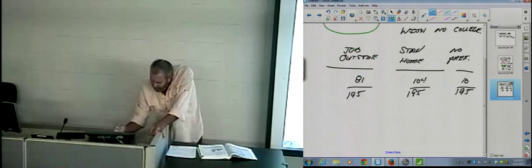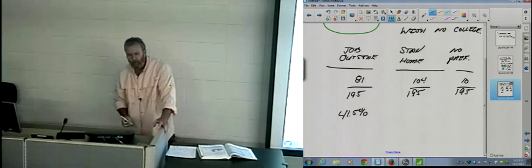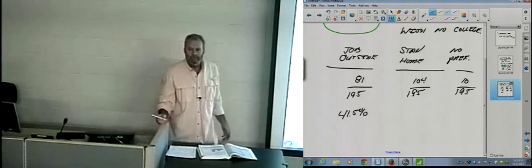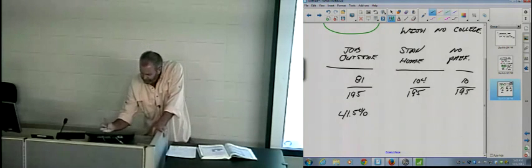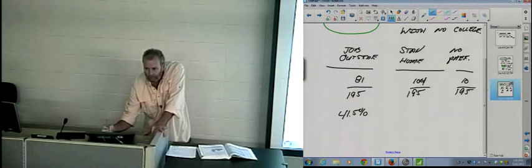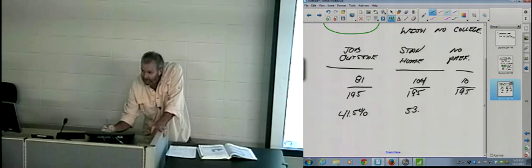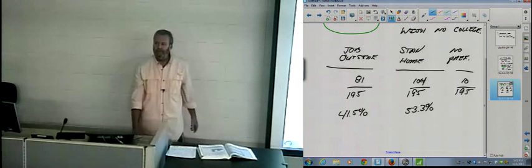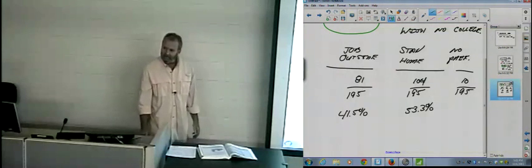Now, we know this one here is 41.5%. What's 104 divided by 195? Anybody? 0.53. The percentage would be 53.3%. And then what's 10 divided by 195?